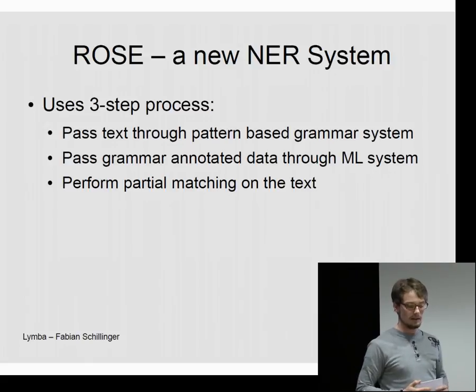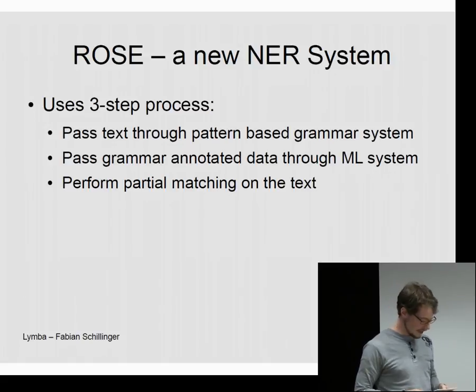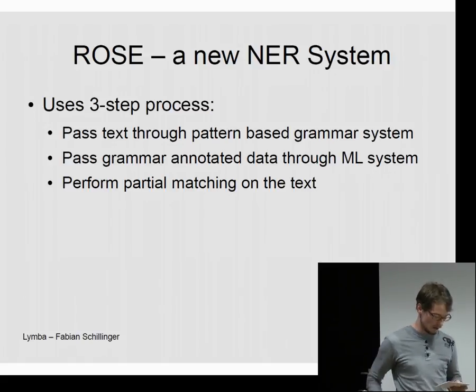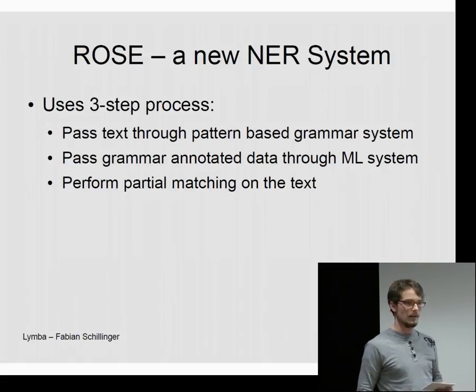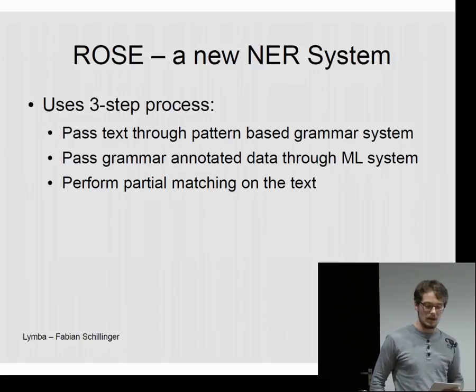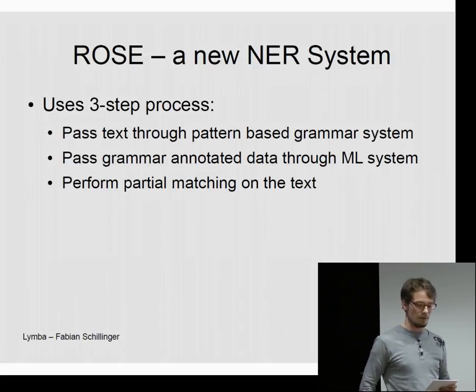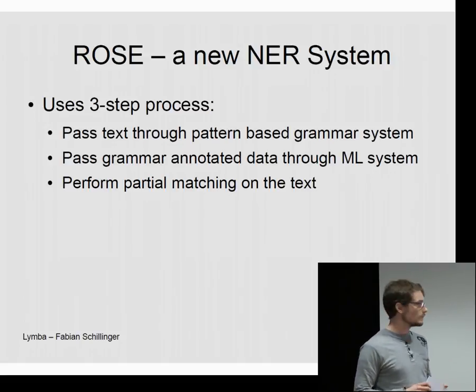The second step was to pass this grammar-annotated data through a machine learning system to classify recognized named entities such as person, organization, location. And the last step was to perform a partial matching on the text and to index all named entities in the document.